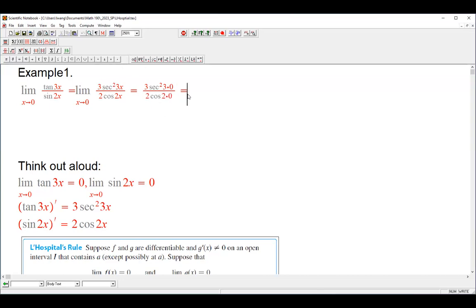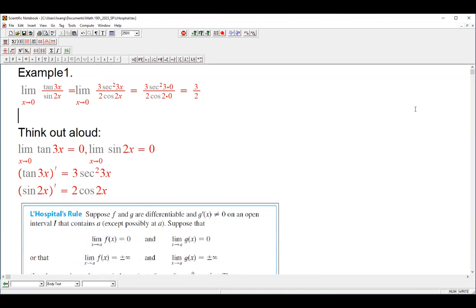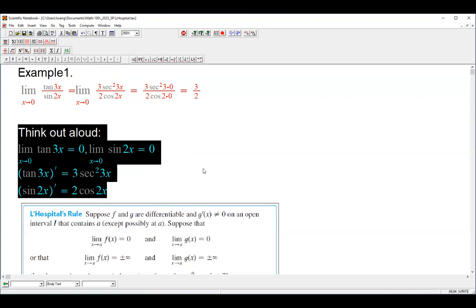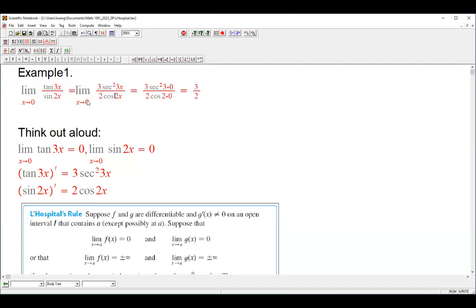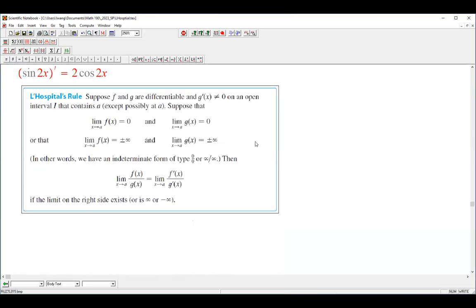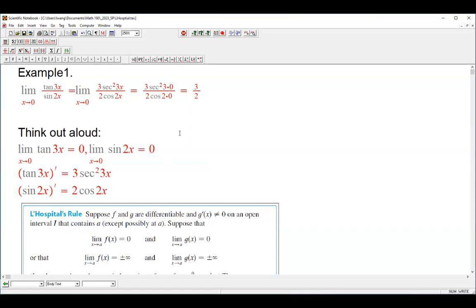So in the end, we are getting 3/2. Okay. Do you need to show this work? You don't have to. All you have to do is check the condition and continue the steps. And whoever reads your work should have some basic knowledge, right, about the conditions of L'Hopital, applying L'Hopital rule. So that's it. Okay, so let's look at the second example.